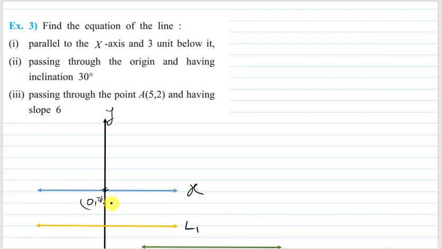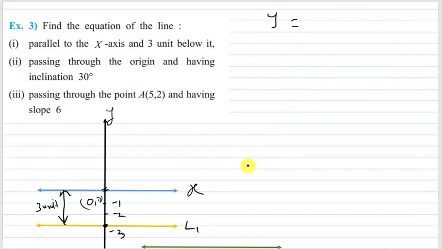Let's suppose this will be my -1, this will be my -2, and the point where it is intersecting is -3. That means this line is 3 units below x-axis. This will be the distance from x-axis for this line 1, right? Now, as the line L1 is parallel to x-axis, we have seen if the line is parallel to x-axis, we have to take y equals to.